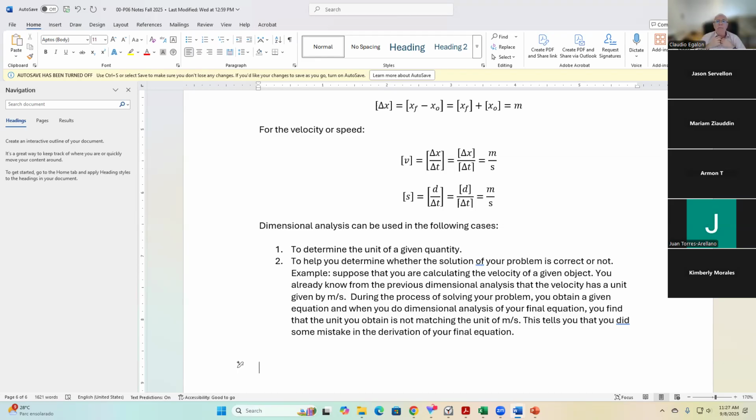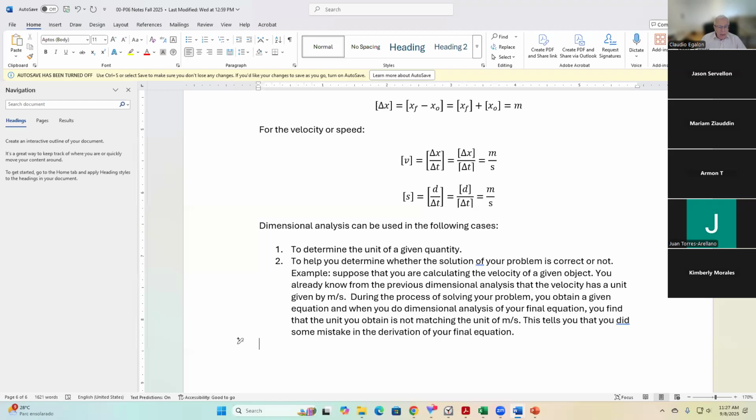Okay, it doesn't give you 100% assurance whether your problem is correct or not, but at least it gives you some certain sense of security that at least the dimension of your final equation that you derived has the proper unit.